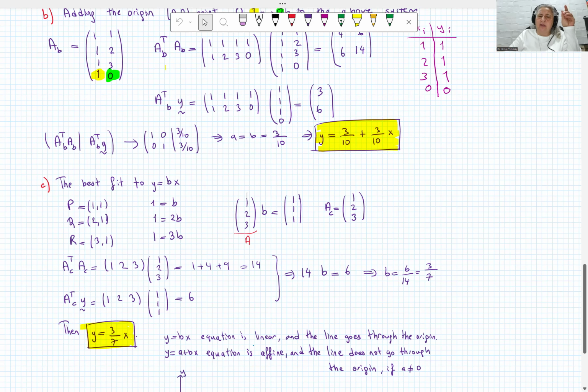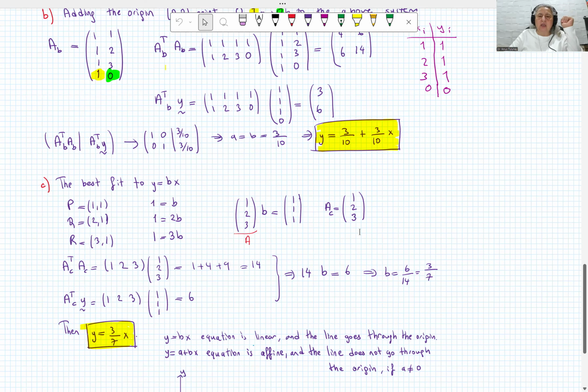So the coefficient matrix is just a one-column vector. If you multiply this, 1b is equal to 1, 2b is equal to 1, 3b is equal to 1. That's the equation that we would like to solve, and in the matrix form the matrix is 1, 2, 3.